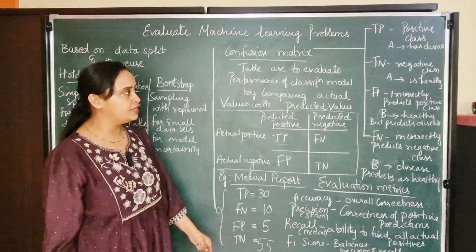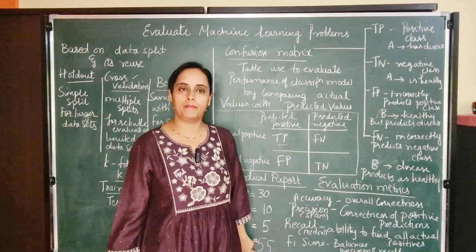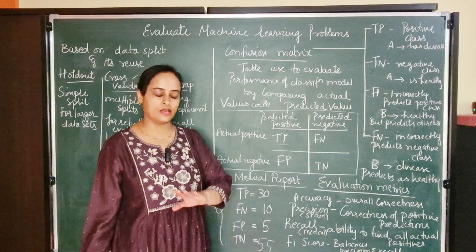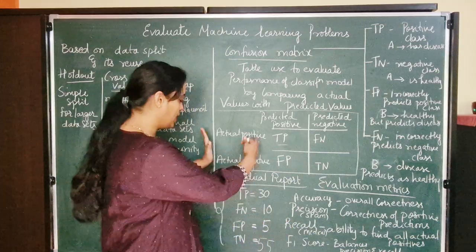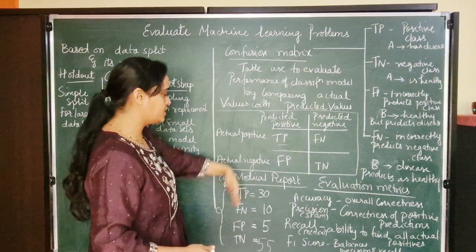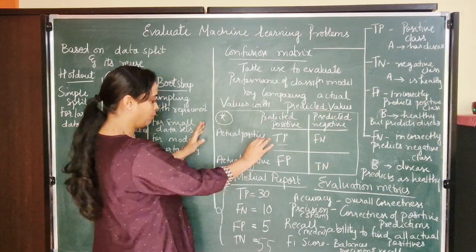Last, true negative: out of this data, 55 members got a negative report, meaning 55 members are actually not diseased. When you analyze this, this is the way to put the confusion matrix, so let's update it in this format. This format plays a very important role.